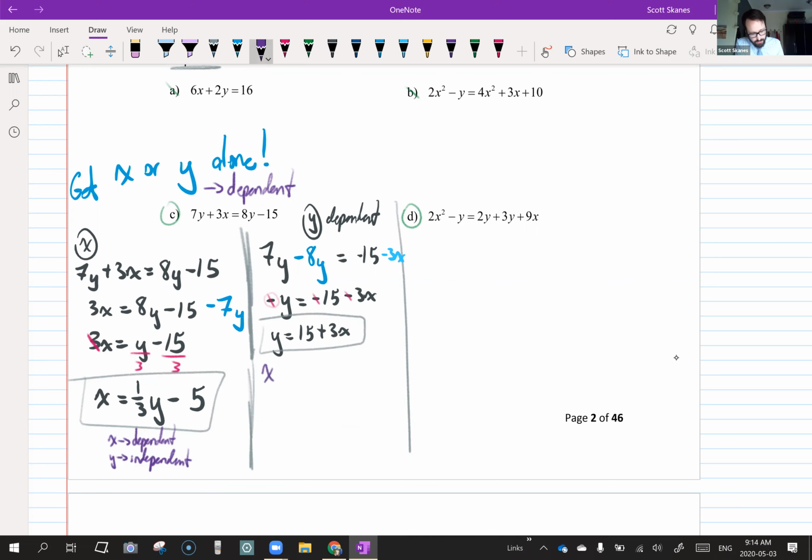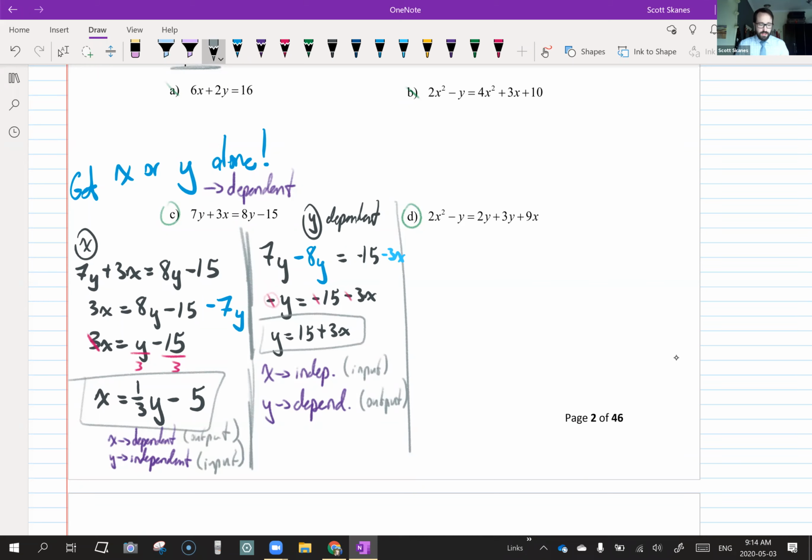So X in this case is independent. I agree with you because it doesn't matter. We can put whatever we want in for X. Y is dependent because it's the output. It depends on what gets put into it. So I'll just quickly say independent is the input. Dependent is the output, right? Dependent is the output and the input. Okay, so this is how these things work.